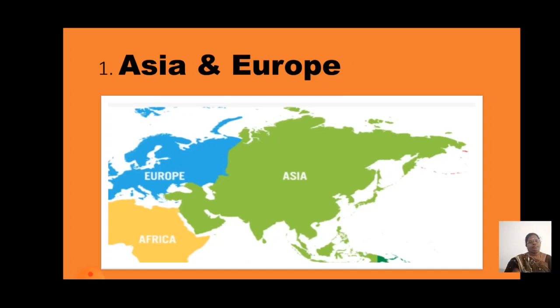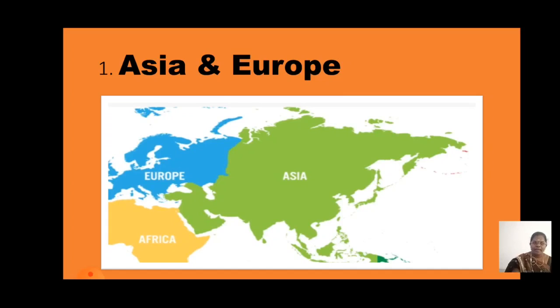So, the learning objectives of this lesson are: you will come to understand the location, extent and political divisions of the continents of Asia and Europe, and then the physical features and drainages, in the sense of rivers flowing through the countries of these two continents.